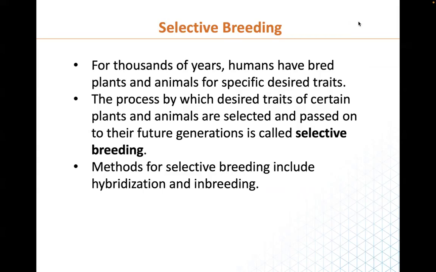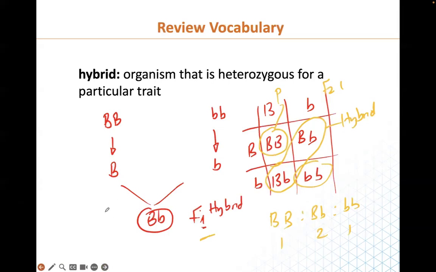The process by which desired traits of certain plants and animals are selected and passed on to future generations is called selective breeding. Methods for selective breeding include hybridization and inbreeding. Hybridization is a process by which hybrids are made, as I showed you earlier. Inbreeding is allowing organisms of the same trait to breed with each other.